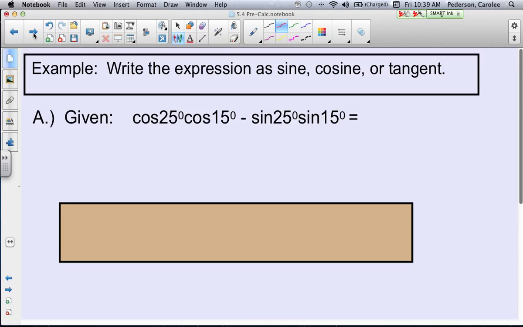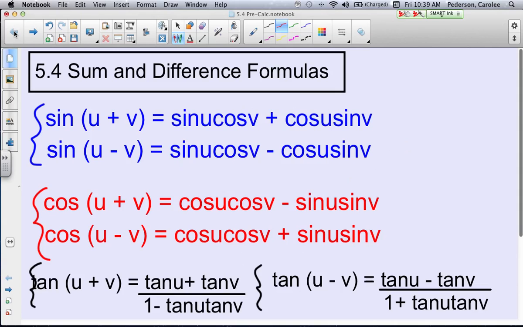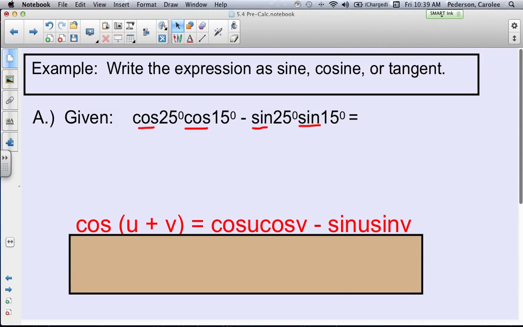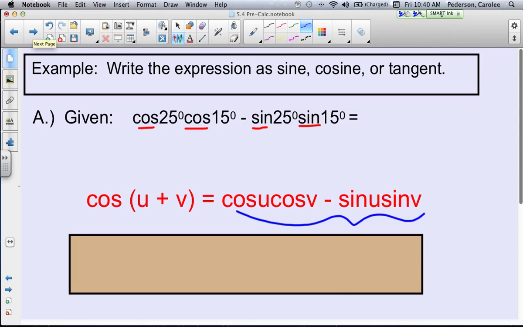Look at what we have: cosine times cosine minus sine times sine. So if we go back to this formula sheet, which one is this formula? Is it the blue, the red, or the black? Underneath this box is the formula, the cosine of u plus v. So this is what we have set up on the right-hand side.